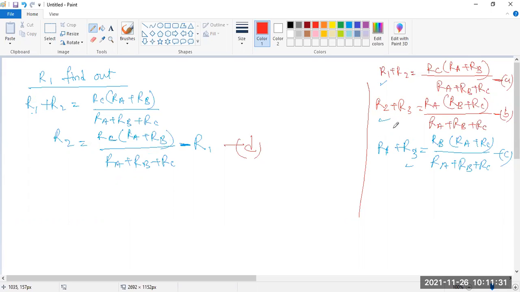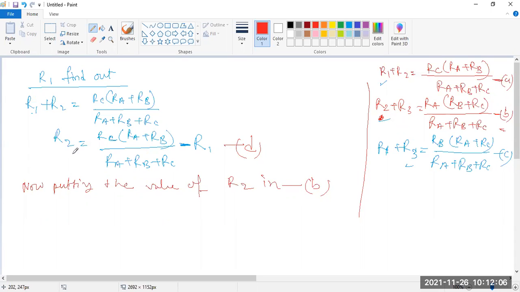So if we put the value in B equation, here is only 2 and 3 is there.